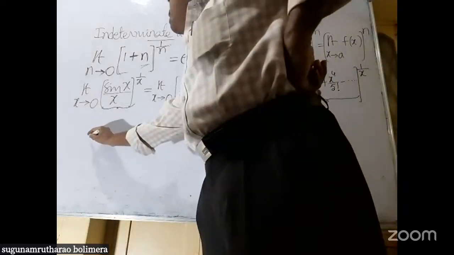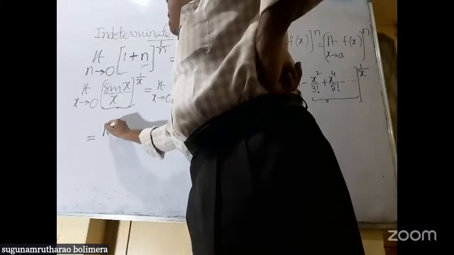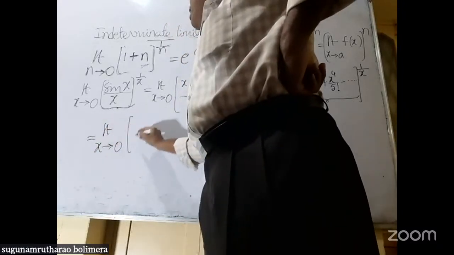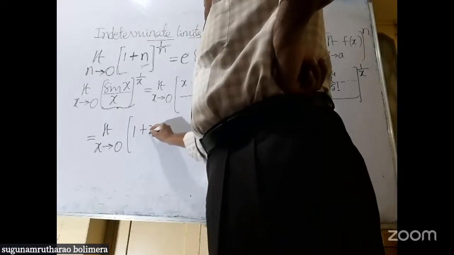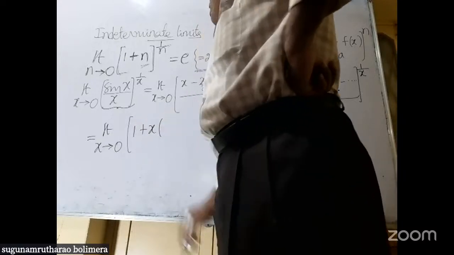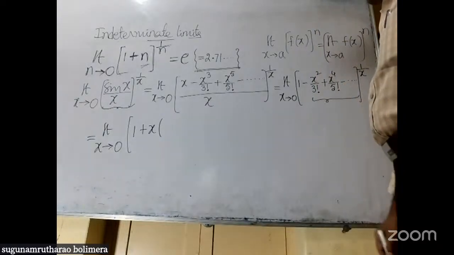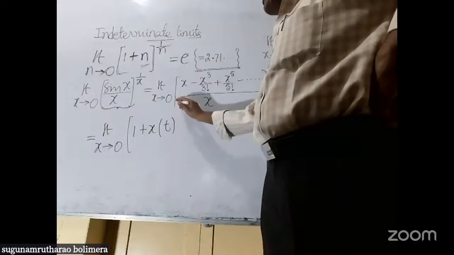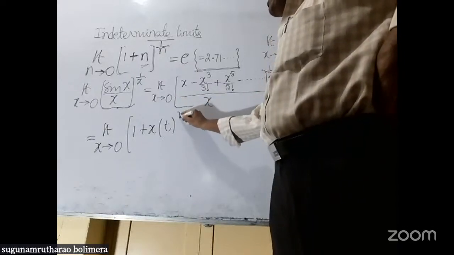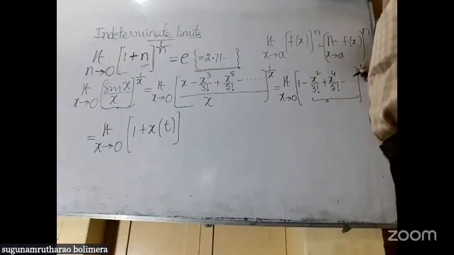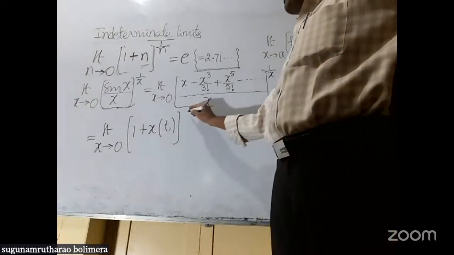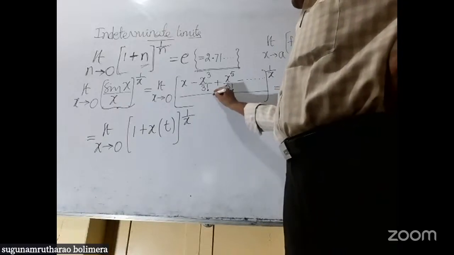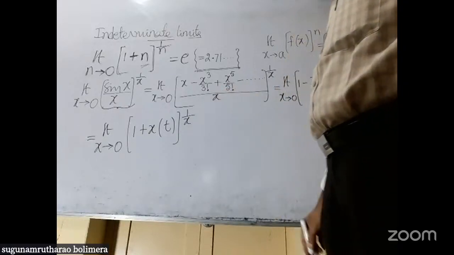So this is equal to limit x tends to 0, (1 plus x into some t) whole power 1 by x.